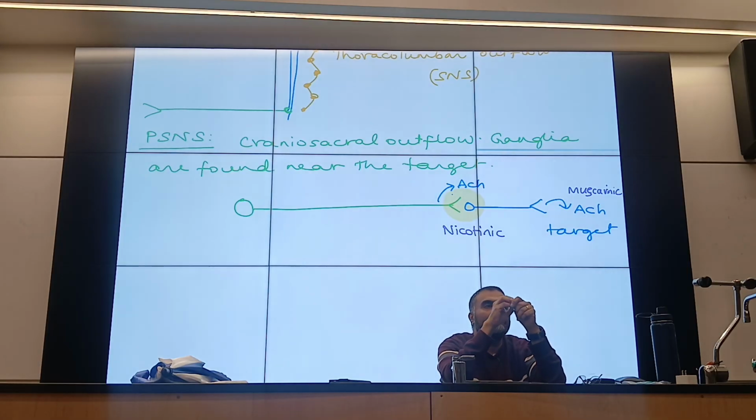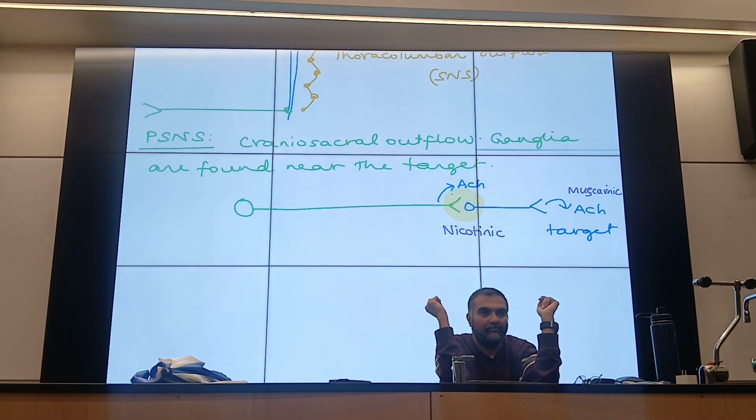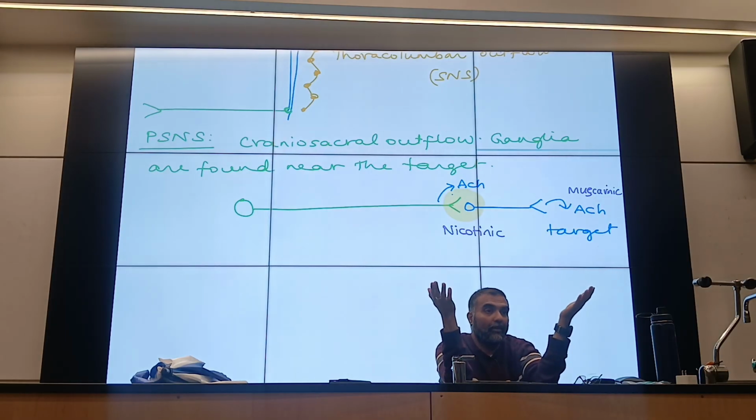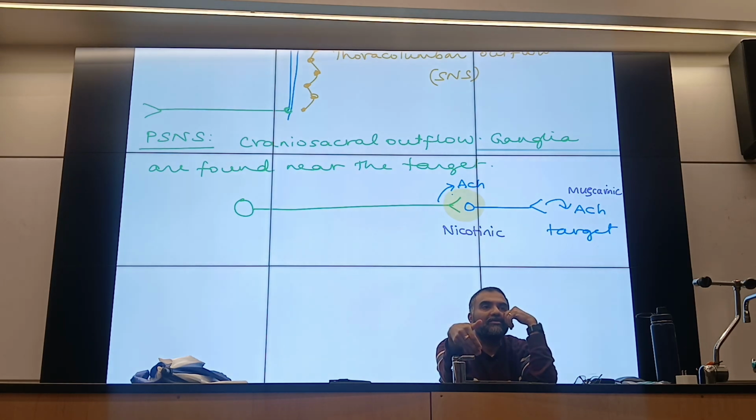Hint, heart. Muscarinic means what? Indirect. Indirect means what? Slow. Why do you want this system to be slow in the heart? When you put the brakes on your car, do you want to do it slowly or harshly? Slowly. Exactly, you'll damage the heart.